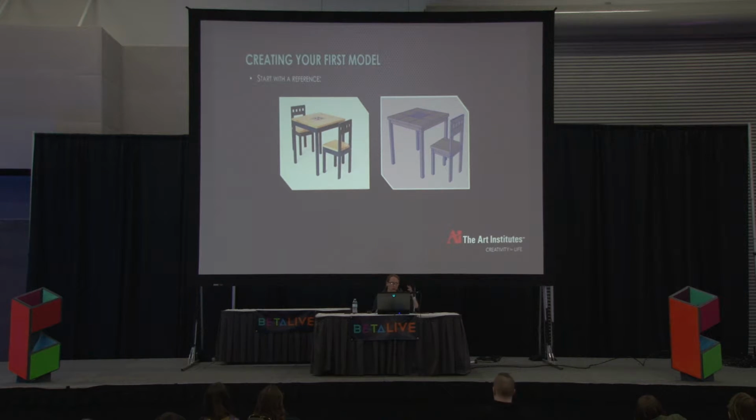Don't just try to pull it out of your head. It is a little more challenging to do. And it's also a test to start recognizing scale and proportion. So taking and picking out different points of your object and scaling based off of that, okay? So this is actually an assignment that our first term students get. They're required to take the reference image and translate it into a CG model.